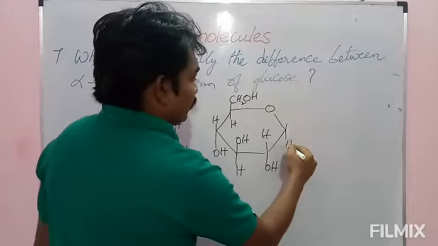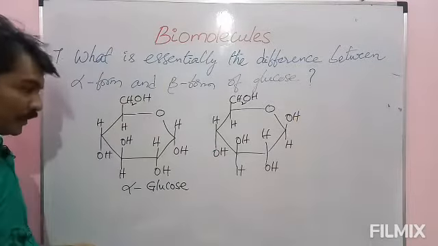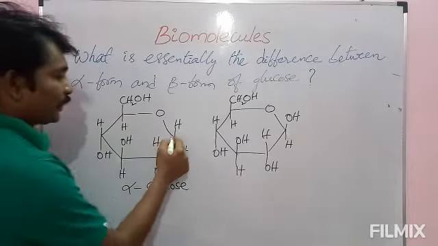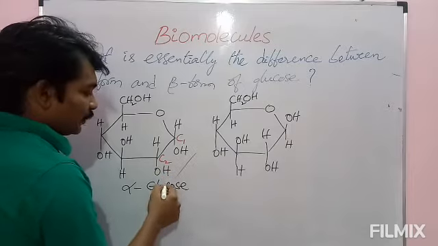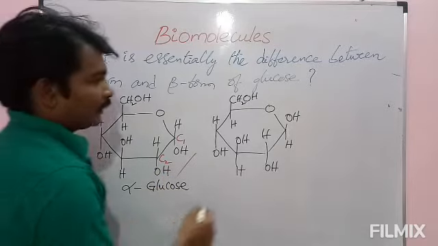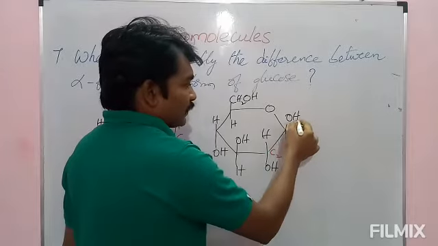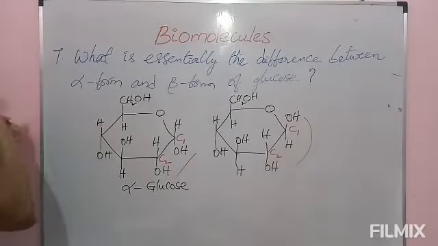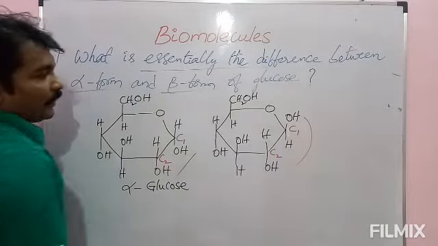Here they are present on the opposite side at C1 position. The major difference is at C1, C2 position: in alpha, two large groups are on the same side, and in beta, at C1, C2 position, two large groups are on the opposite side. That is the major difference between alpha form and beta form.